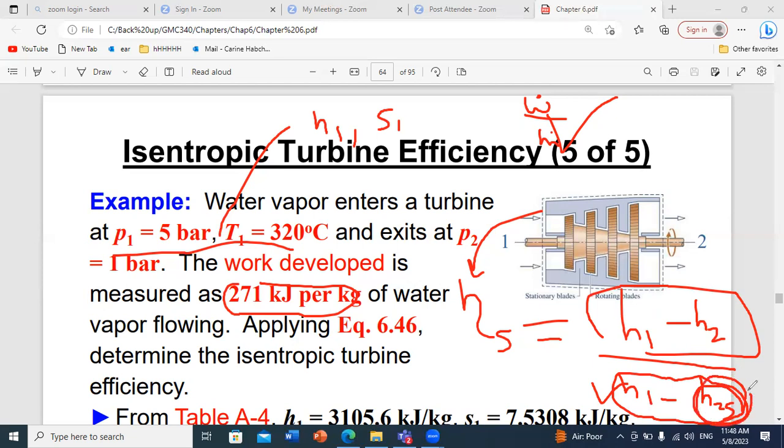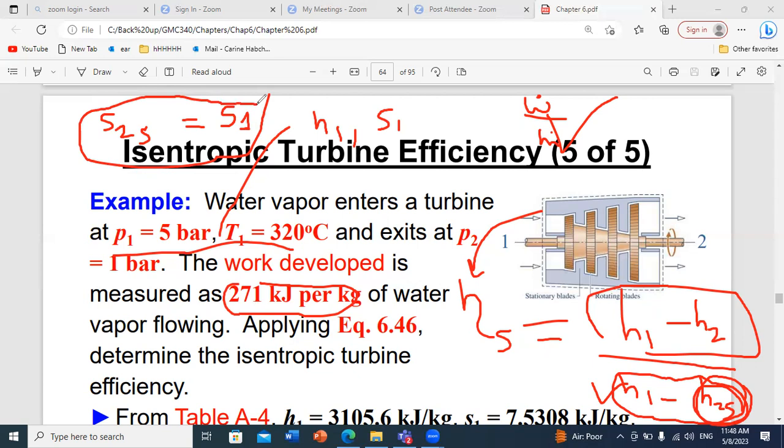And how to get H2S? You know that if I take the isentropic scenario, what will be the value of S2? S2S is equal to S1. Okay, so I know that S2S is equal to S1.